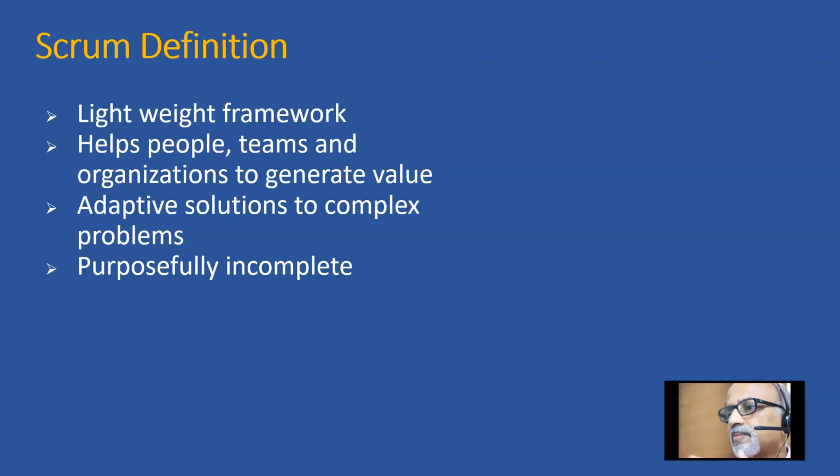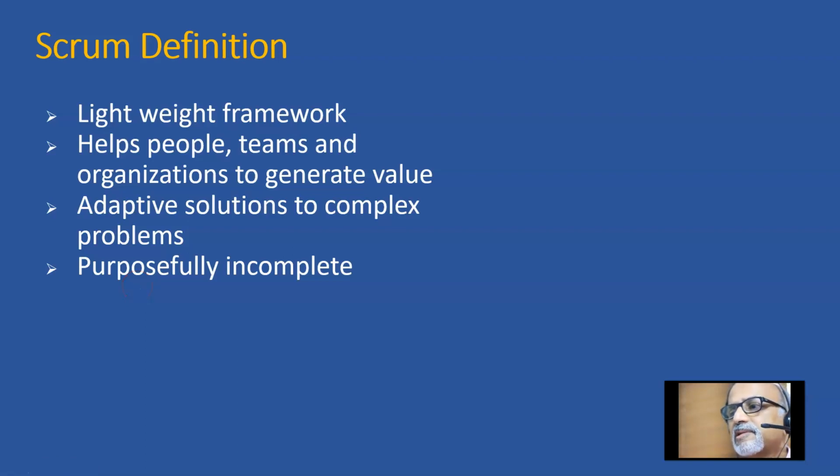Absolutely no problem. So Scrum is just a wrapper which can wrap around all the processes which can add value to the product of the project. So they've kept it as purposefully incomplete.